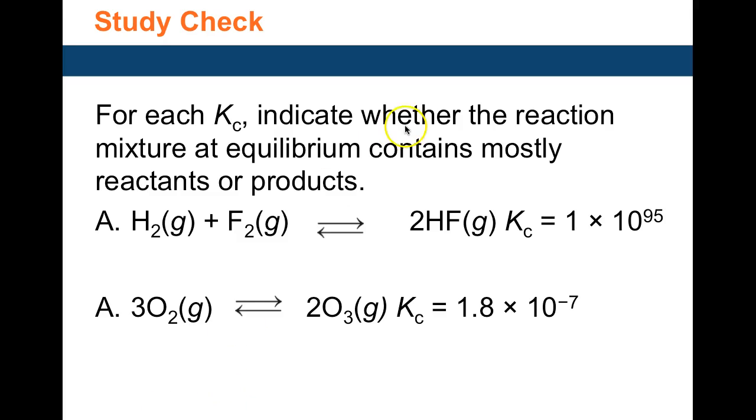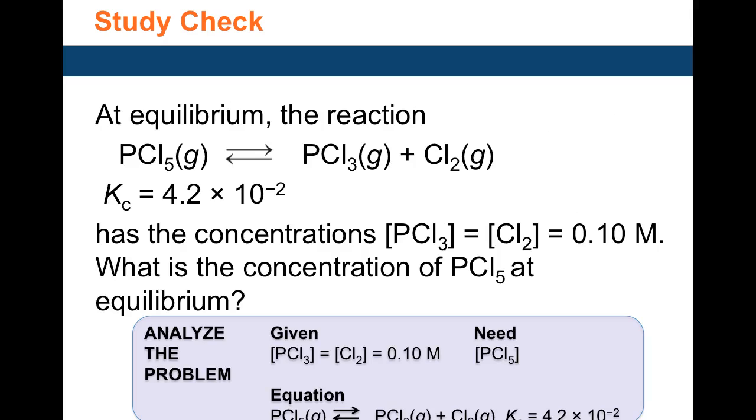So for each Kc, indicate whether the reaction mixture at equilibrium contains mostly reactants or products. This is very large, so it's mostly products. This is less than 1, so mostly reactants. At equilibrium, the Kc value is given, the PCl3 and the Cl2 values are both given, and what's the concentration of PCl5?